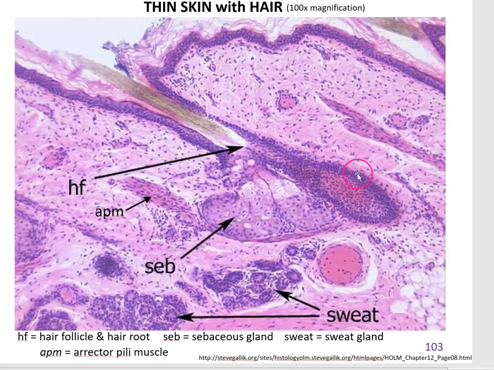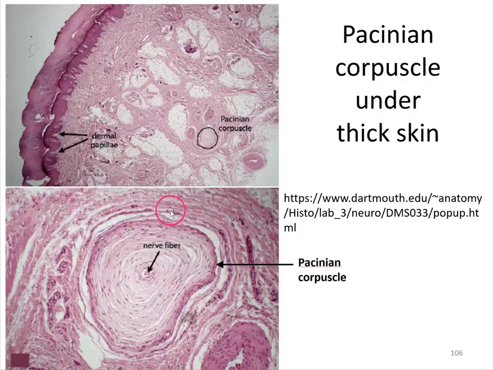So each hair follicle will probably have nerve endings on it, so that if the hair gets bumped, we will know it, and that gives us a very fine sense of what's near our skin. So thin skin with hair has those light touch receptors attached to hair follicles. Thick skin doesn't have any way to sense that.